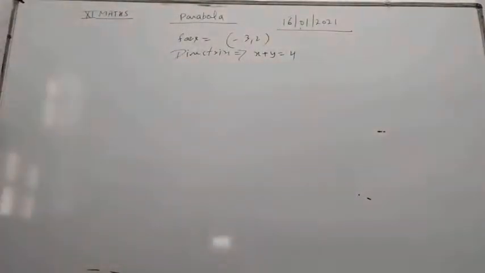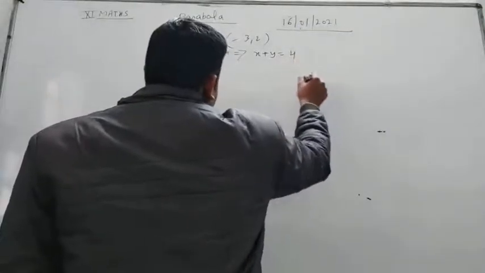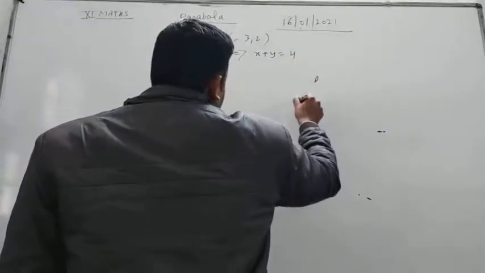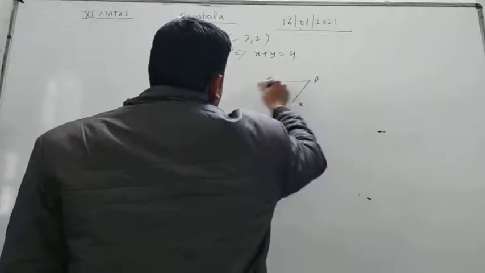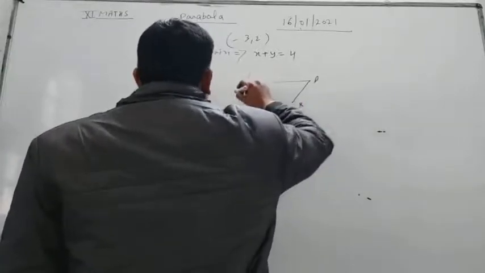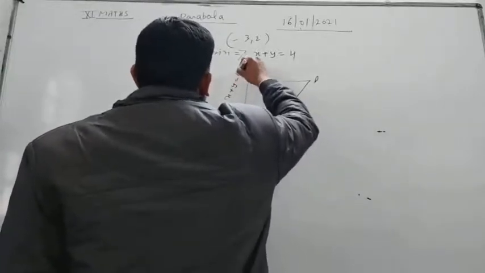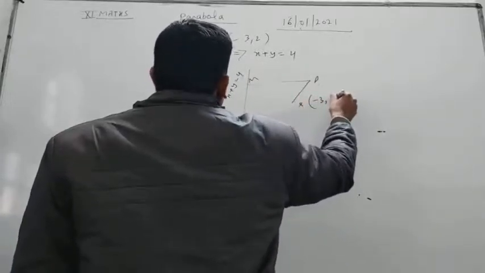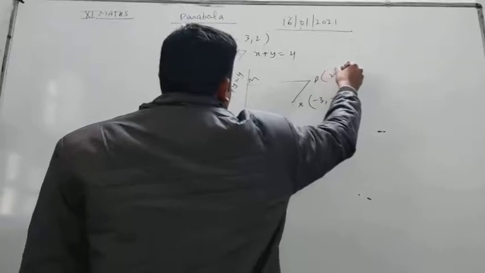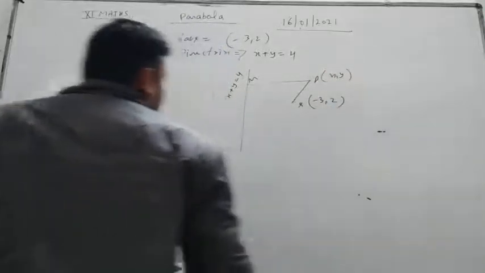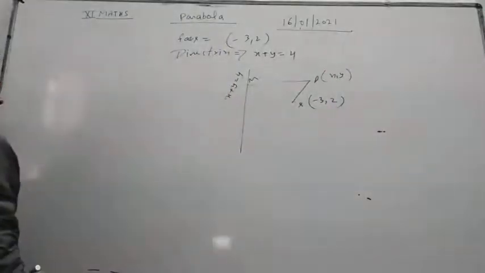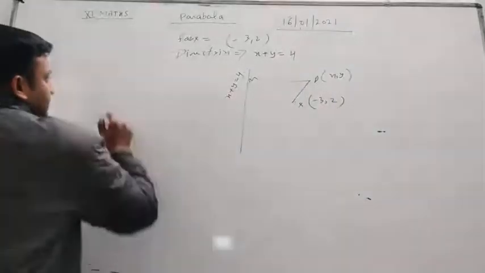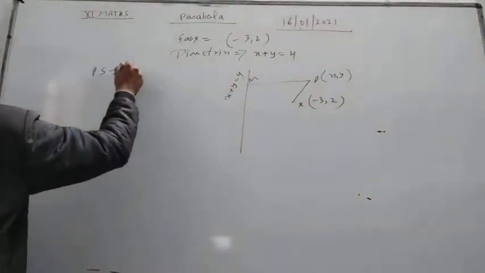So we are seeing this concept: P is a point on the parabola, and this is our S, and this is our directrix, which is x plus y is equal to 4. S has coordinates (-3, 2). We are saying that PS is equal to PM.